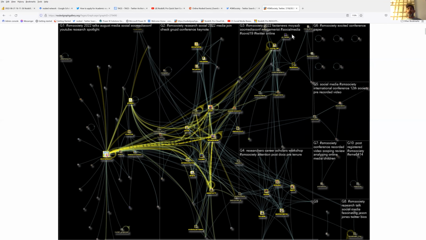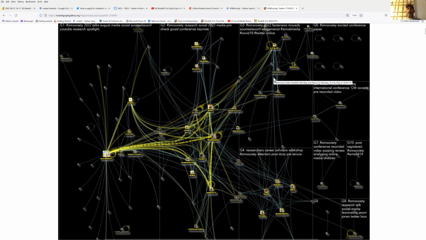Perhaps they are focused on special topics within our conference's areas of interest. We can know more about that by looking at these little titles, group 1, group 2, group 3, these words at the top of each of these boxes. These are the words or hashtags used by the people in that cluster more than any others.